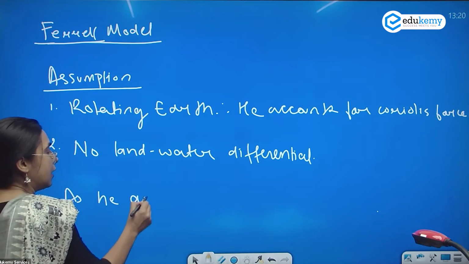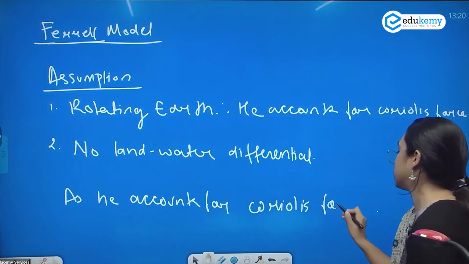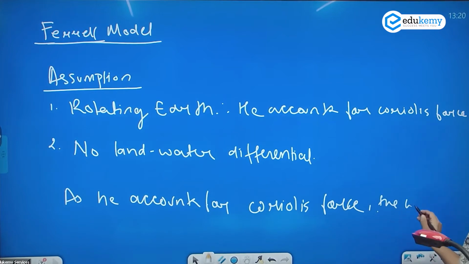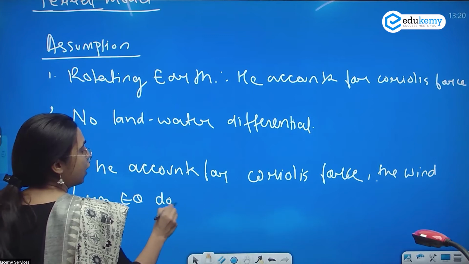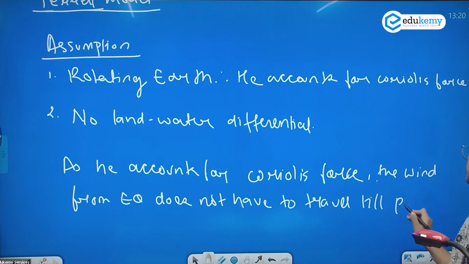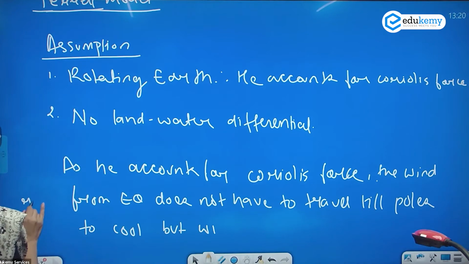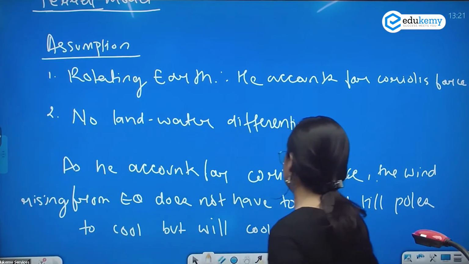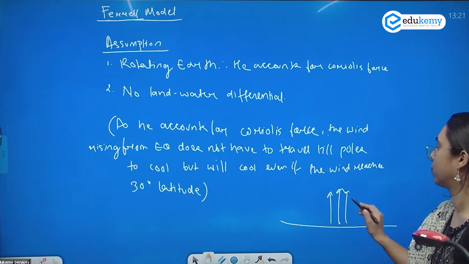As he accounts for Coriolis force, the wind rising from the equator does not have to travel till the poles to cool, but will cool even if the wind reaches 30 degree latitude.